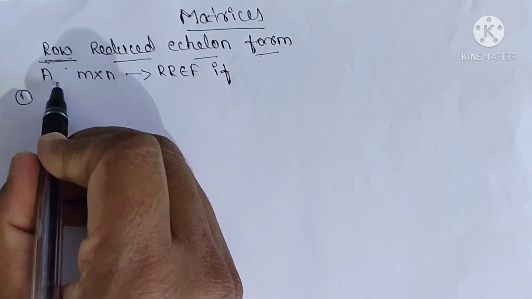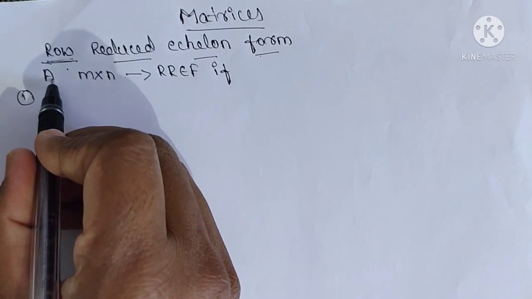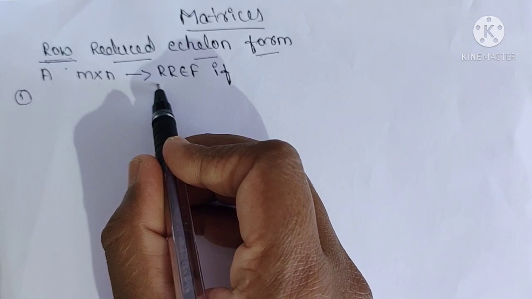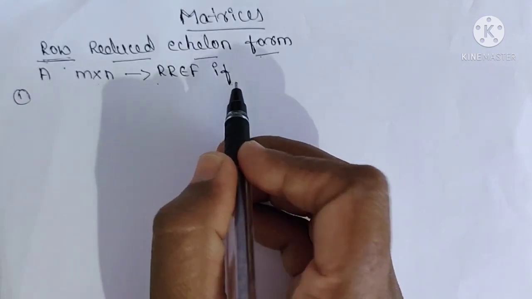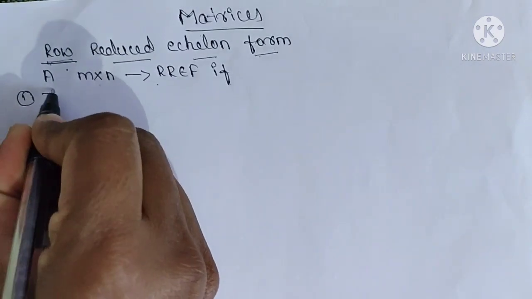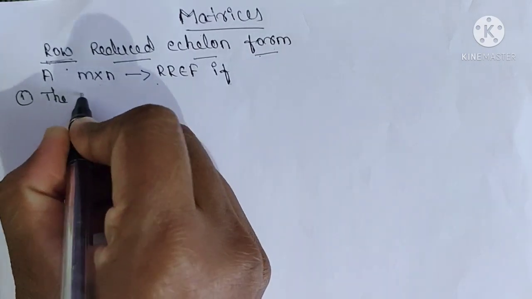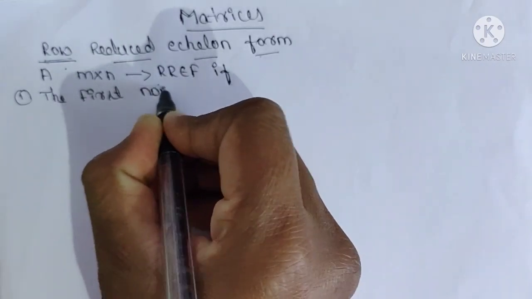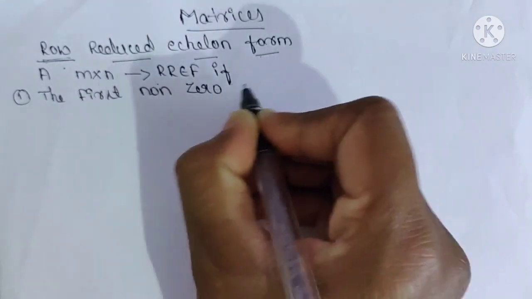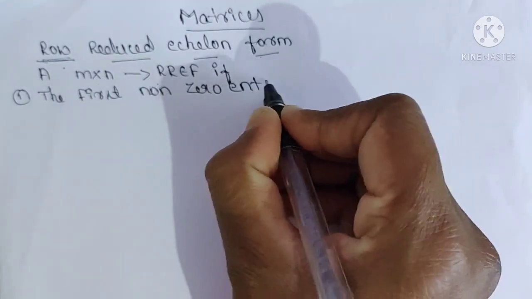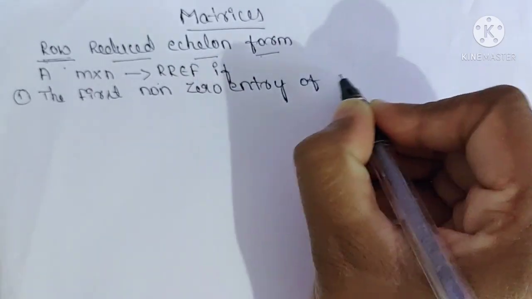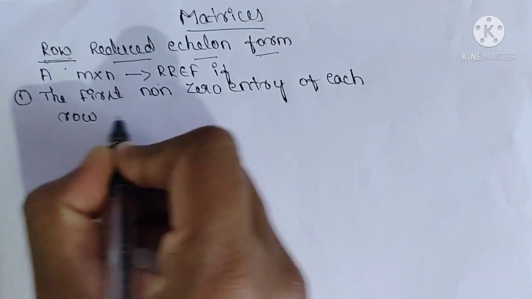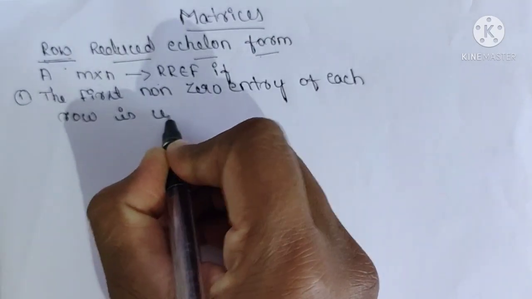Okay, see here, any matrix A of order m cross n is said to be in row reduced echelon form if the first condition holds: the leading or the first non-zero entry of each row is unity.